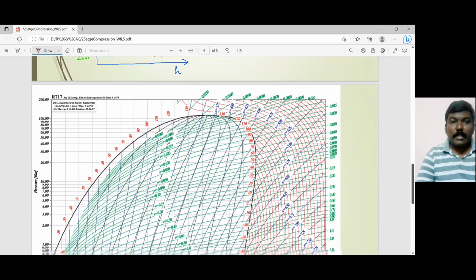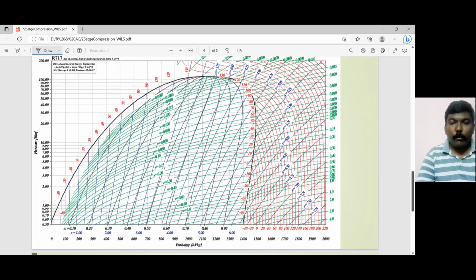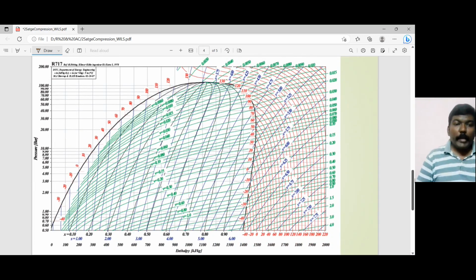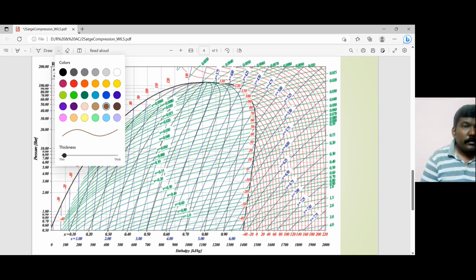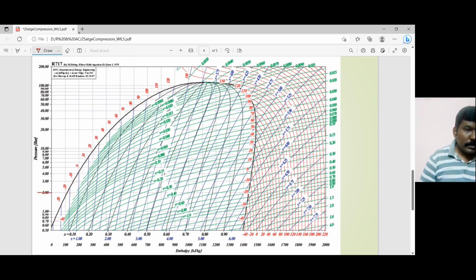Okay, so this is the pH chart for ammonia. So we have 3 operating pressures. One pressure is 2 bar, so this is my evaporator pressure. The other pressure was intercooler pressure, which is PI.